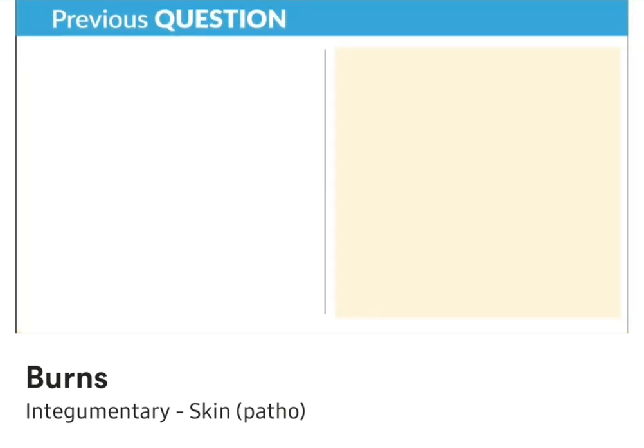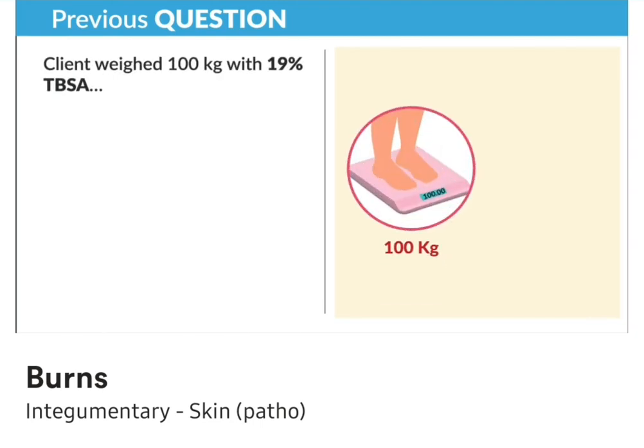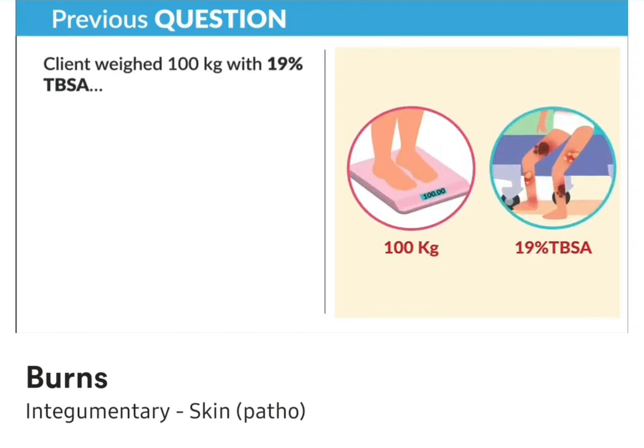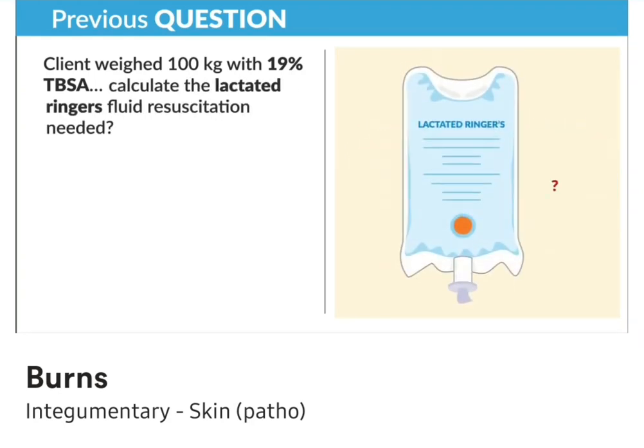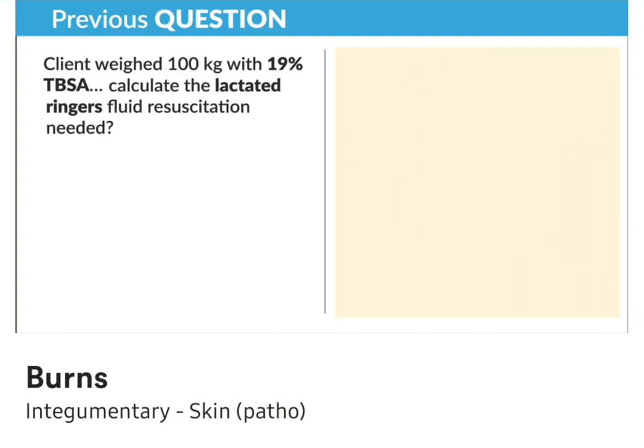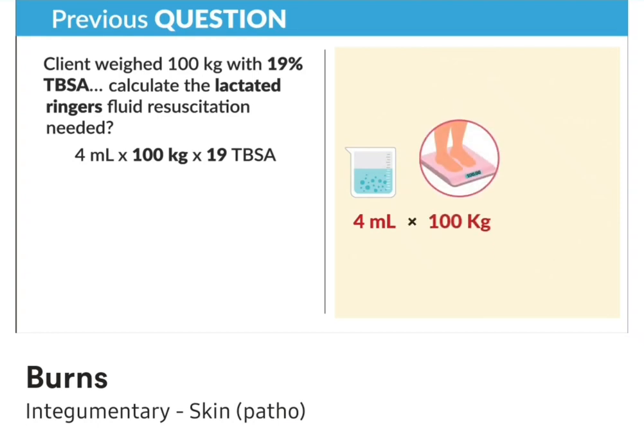So let's do a quick little example. Taking from our previous question, let's say the client weighed about 100 kilograms with that 19% total body surface area affected. Now we're calculating the lactated ringer fluid resuscitation needed. So using the formula, we're taking 4 mLs times 100 kilograms, and from the previous question, 19% total body surface area.